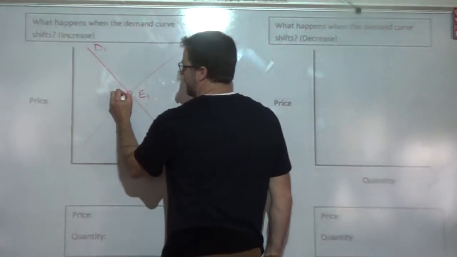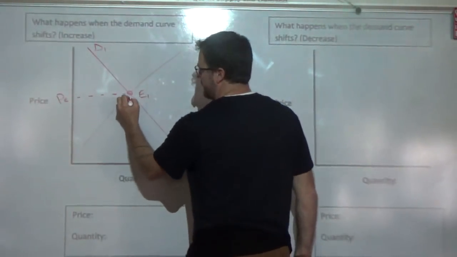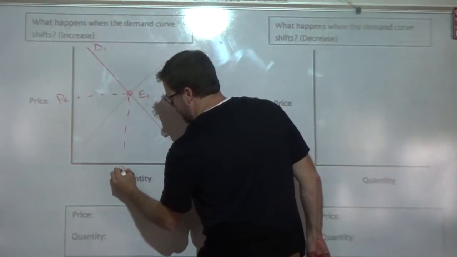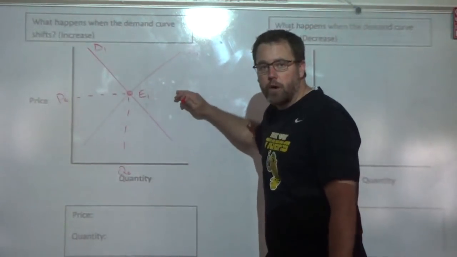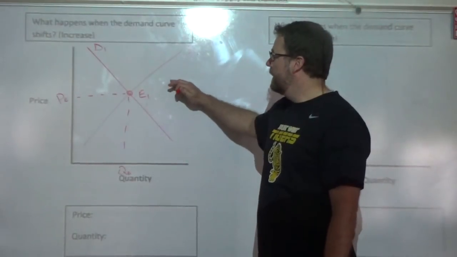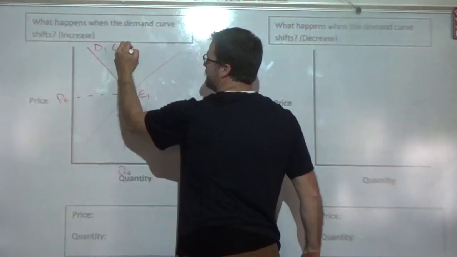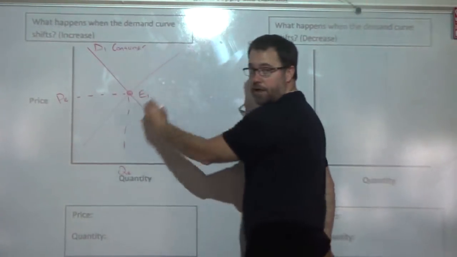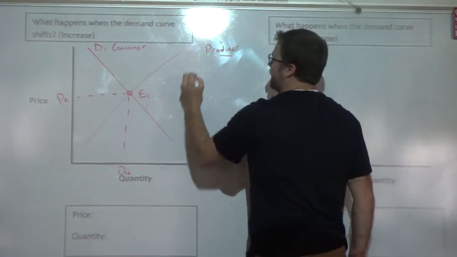This is important to know. We haven't really talked about this yet, but our equilibrium price, PE for price equilibrium, and QE for quantity equilibrium, this is the point that the market wants to be at. All right? This is the point that the demand, the consumer, and the supply curve, the producer, come together.